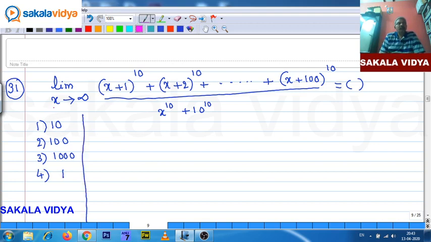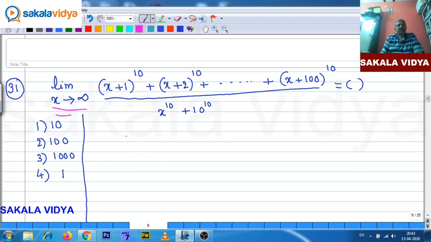Right. Limit x approaches to infinity, x plus 1 whole to the power of 10 plus x plus 2 whole to the power of 10 plus and so on plus x plus 100 whole to the power of 10 upon x to the power of 10 plus 10 to the power of 10. First, from the first expansion take x common, from the second expansion take x common, that means even in the last one you need to take x common.